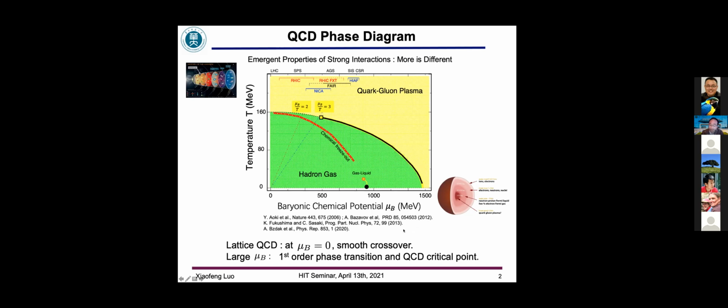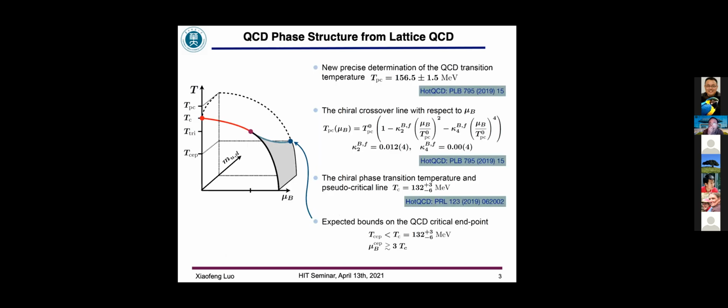From lattice QCD, there are many first-principle calculations, and they determine the QCD transition temperature, which is around 156 MeV at mu_B equal to 0, and also the crossover curvature, which is very small.